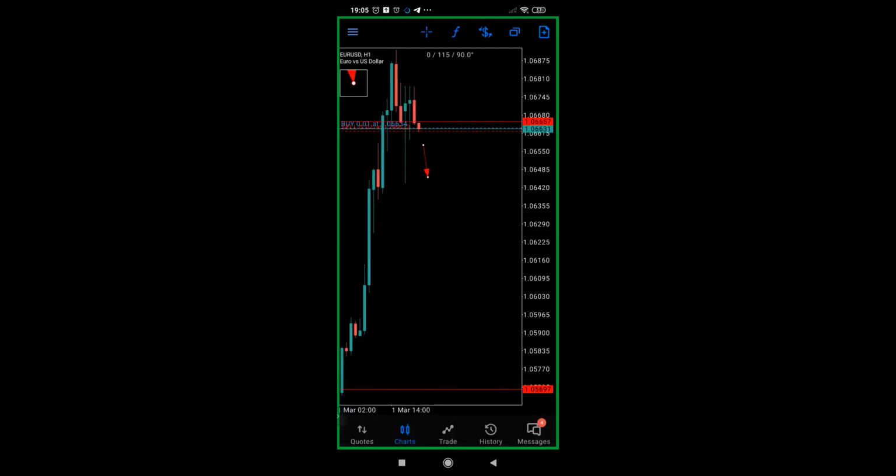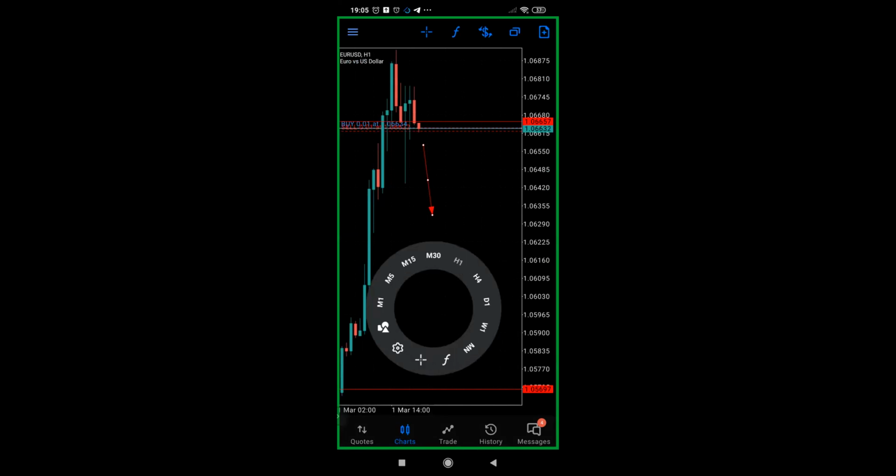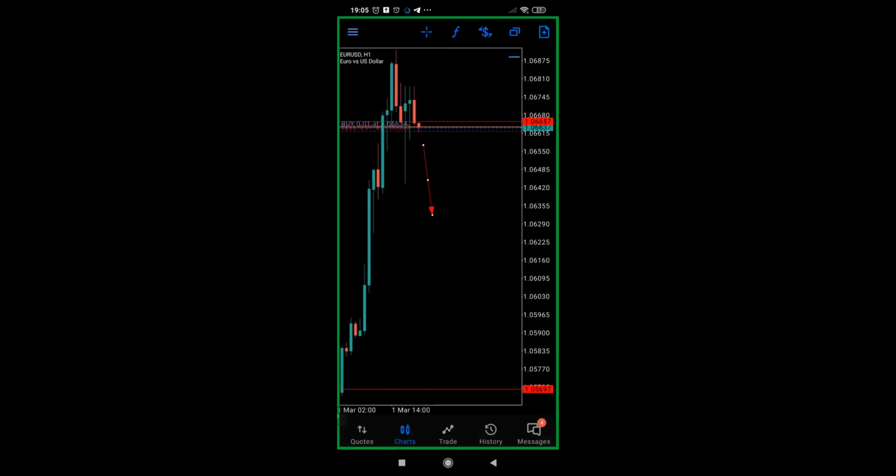So if I want price to come here, for example, and once price gets to this zone, to where that line is, which is 1.06291, I want to buy. Once price touches this place, I want to be entered into the market for a buy based on analysis. This is just random, guys. Don't take those zones seriously. I'm just showing you how to use the pending order.